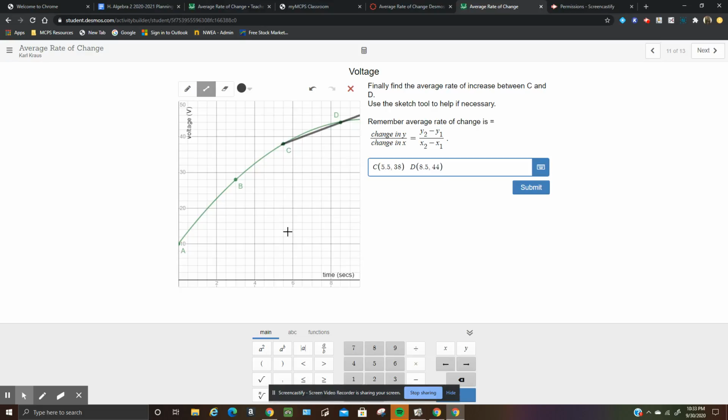And then we want to subtract the y values again.